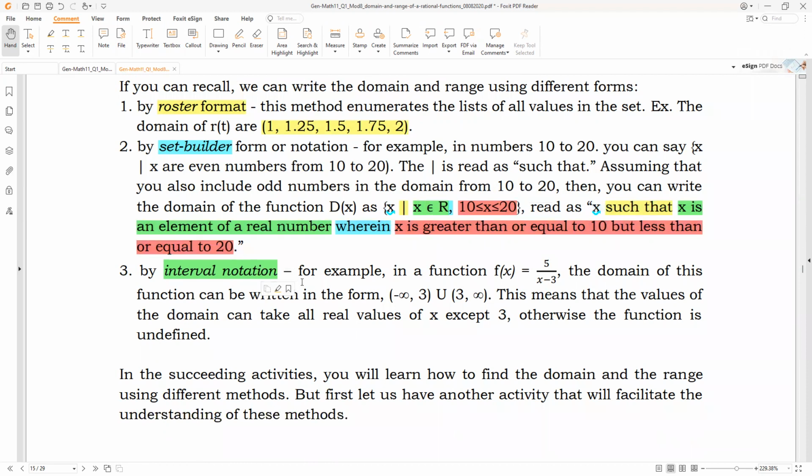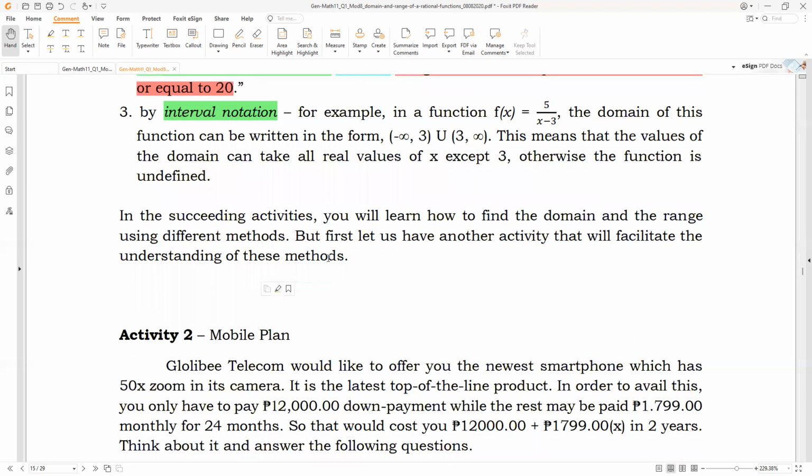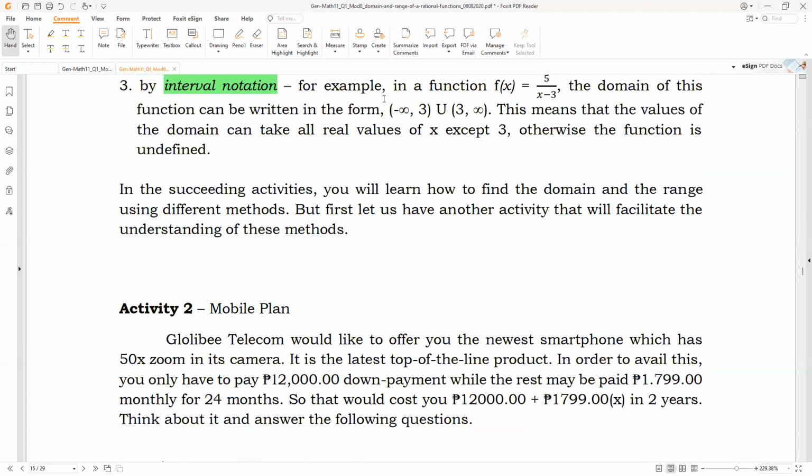Okay? So the next and last way of expressing is by interval notation. For example, the solution we showed earlier: what are the solutions of the function whose expression is 5 over x minus 3? For the domain, if you look at this form, it is a rational function.